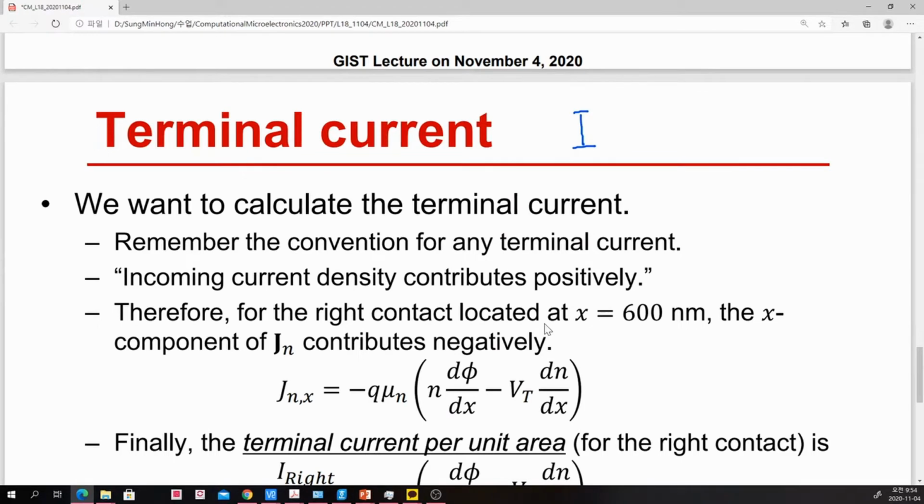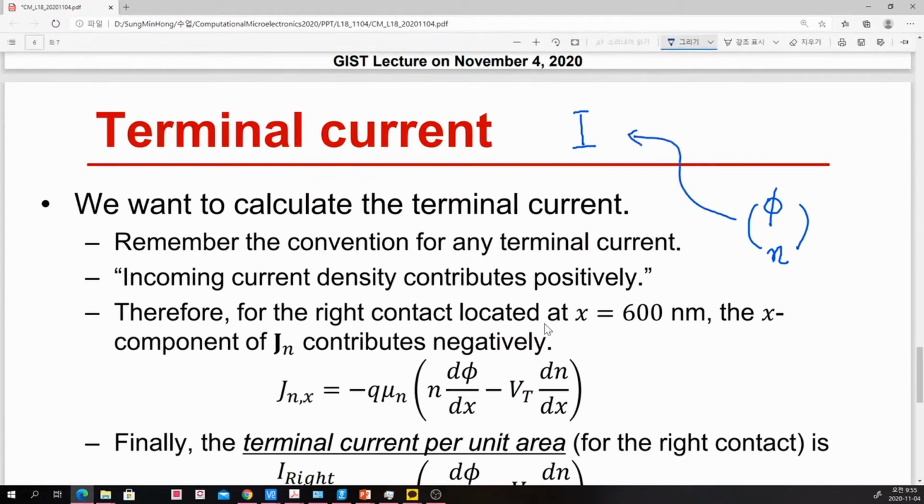What you have done is just to calculate the electrostatic potential and electron density. Then how can you calculate the terminal current I from these solutions, phi and electron density?